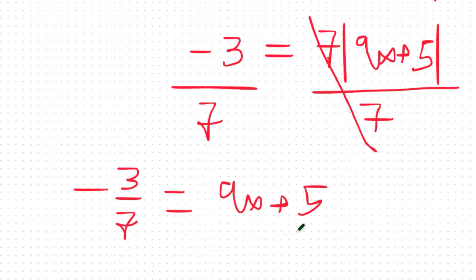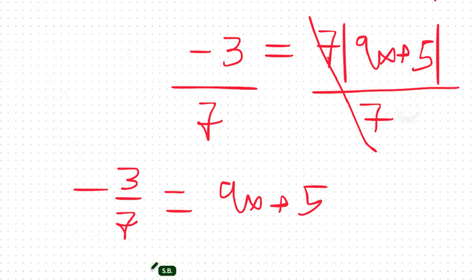If 35 by 7, okay. So negative 38 by 7 over 9.